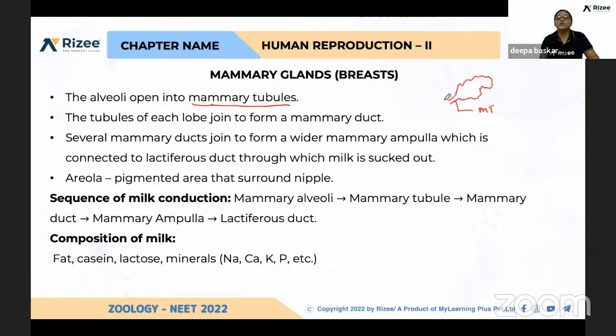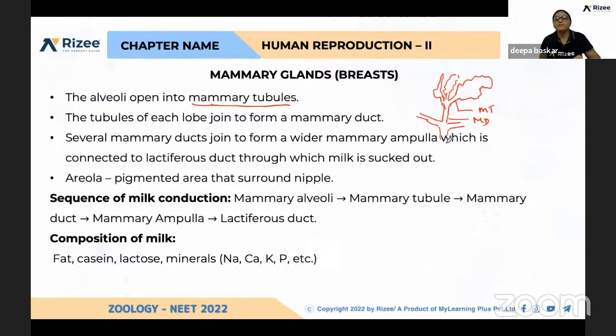So the mammary tubules of so many alveoli altogether will form the mammary duct. And again, several mammary ducts like this. This is one mammary duct which is coming from this region.